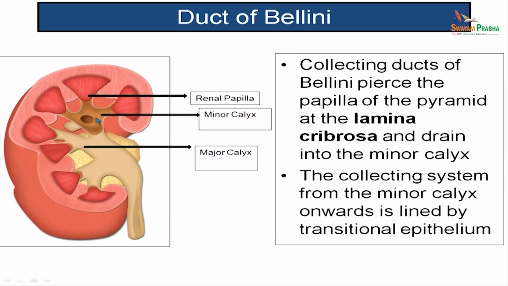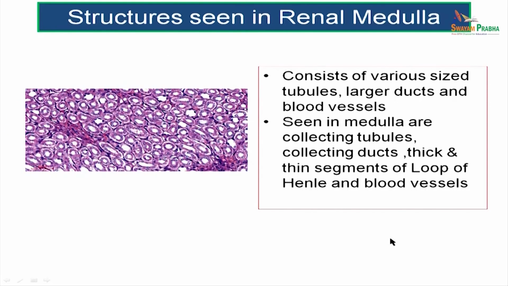The collecting system from the minor calyx, that is, minor calyx, major calyx and renal pelvis, is all lined by transitional epithelium, which is also called urothelium. So, what are the structures seen in the renal medulla?